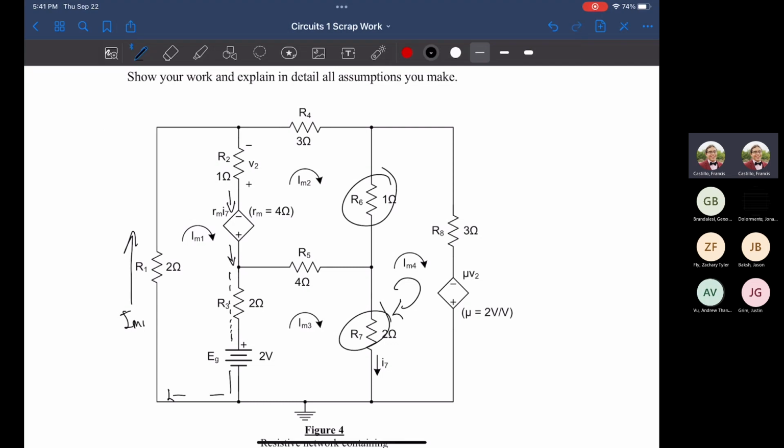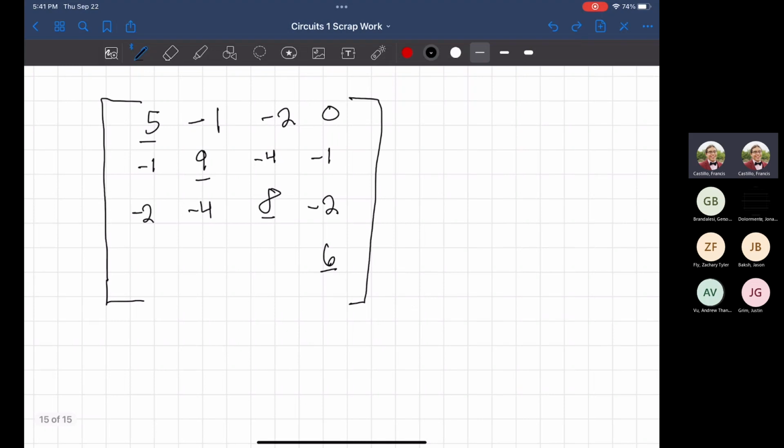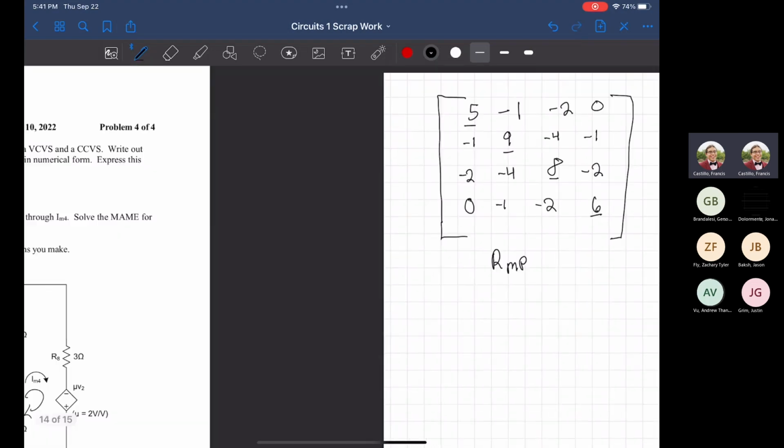Between 1 and 4, there is none, so that'll be 0 there. So it'll be -1 and -2 respectively. And that is our resistive matrix, our RMP.